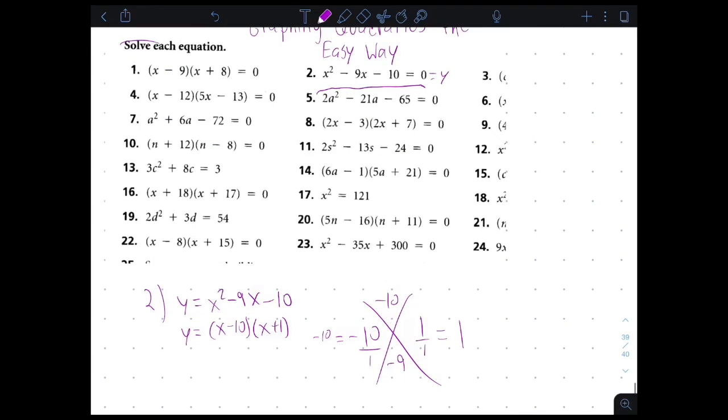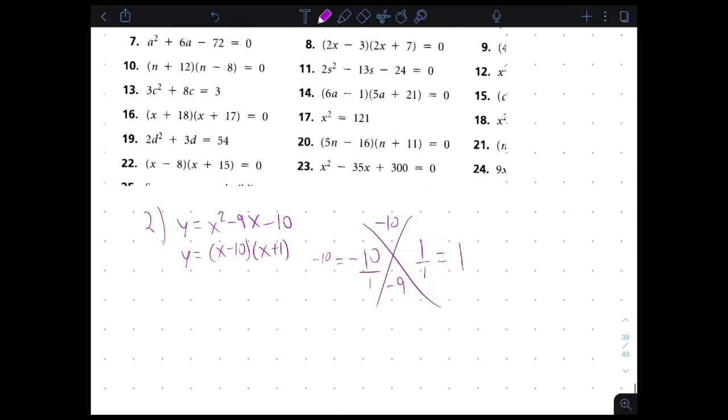And if we look back at where we started, we had y is equal to 0. Well, you've been solving quadratics before. You solved for them last week.